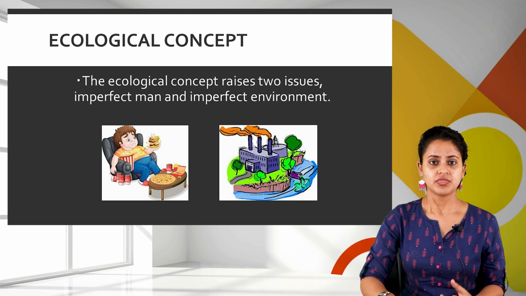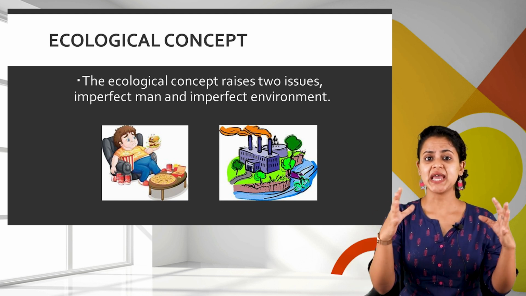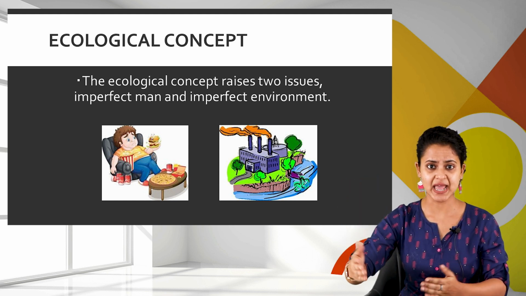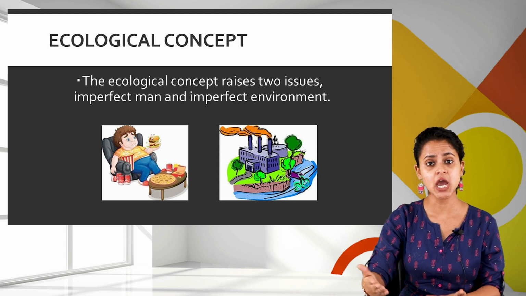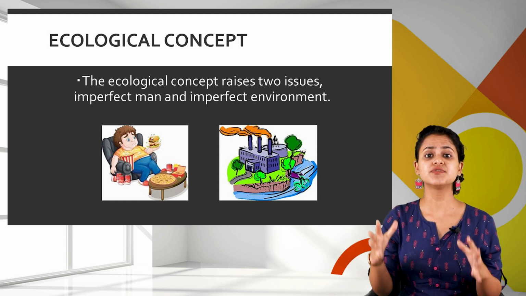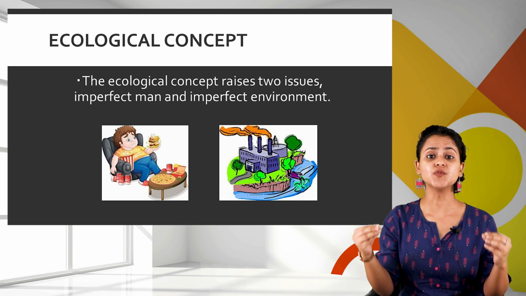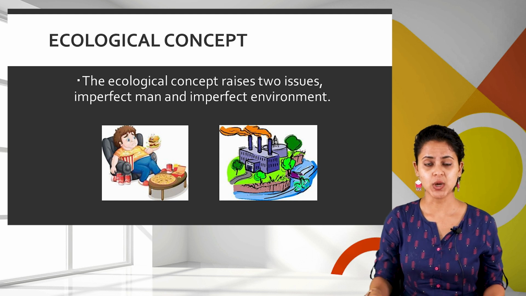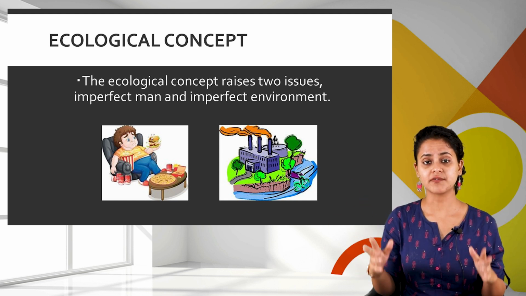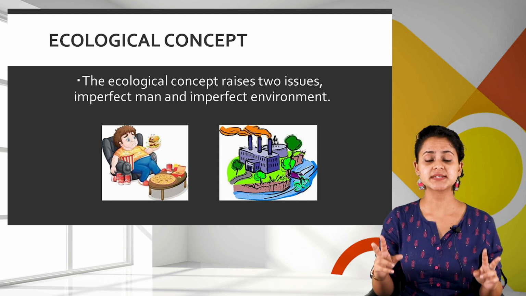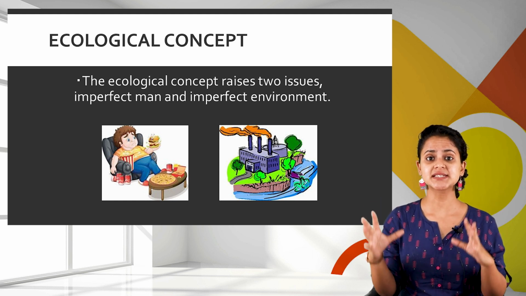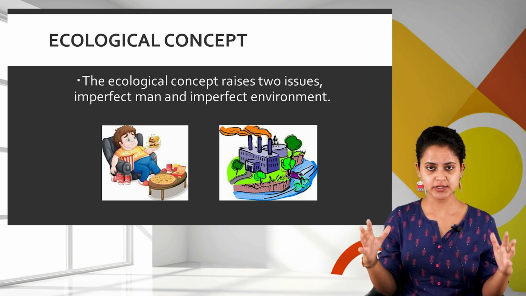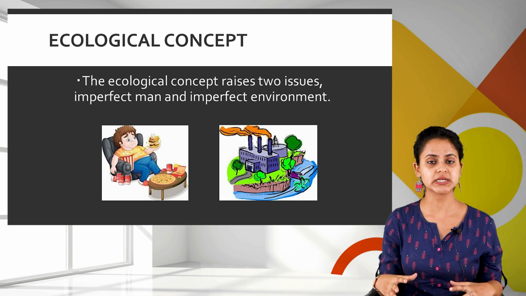So either the individual will have certain imperfection because of which they will not be able to adjust and adapt with the changes within the environment, or else the environment will be imperfect, where the person will get some negative effect out of it. That's how the ecological concept has raised basic issues which cause disturbance of our health. So I hope you are clear about the biomedical and ecological concept.